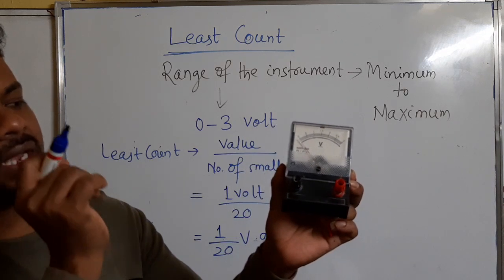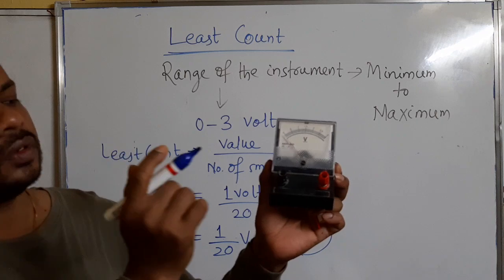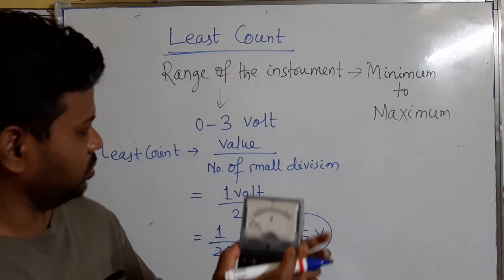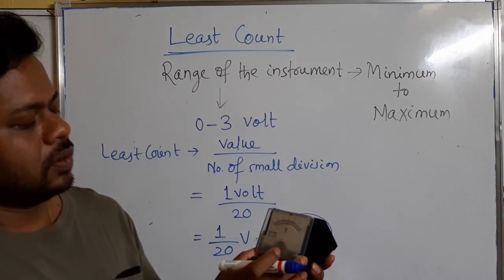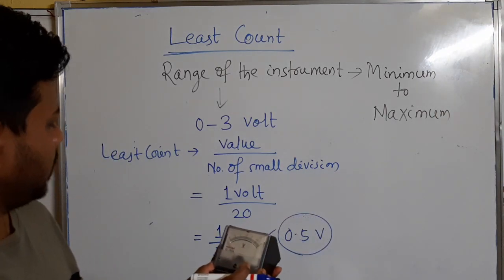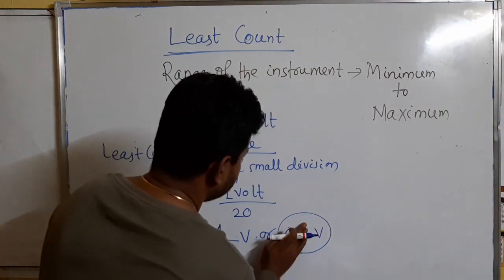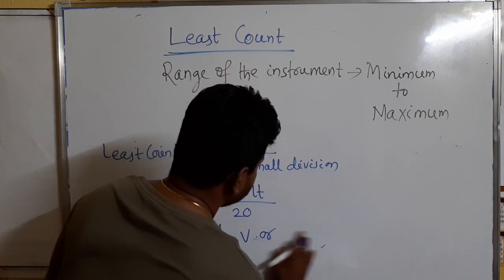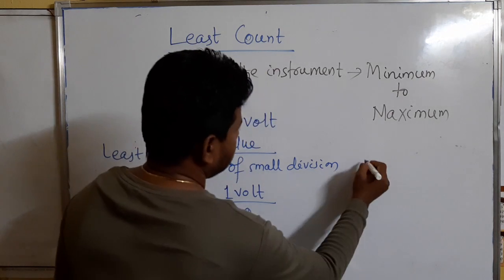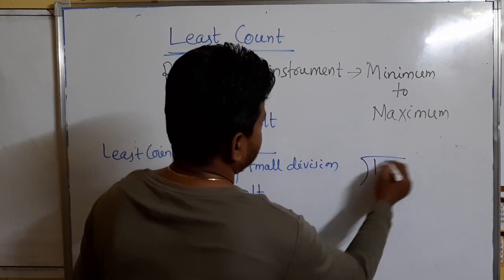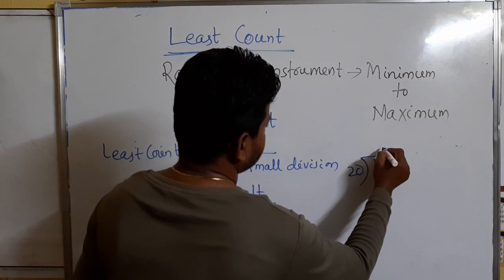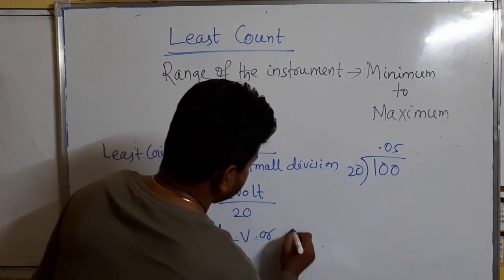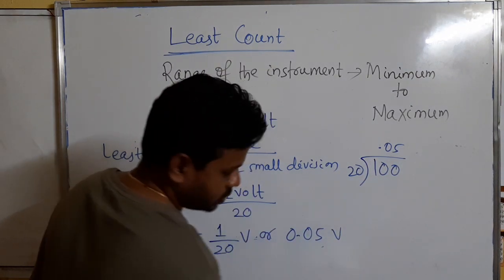Least count means the smallest amount you can count. So from 0 to the first small division, that much amount will be, because you have to divide 1 by 20, 0.05 volt.